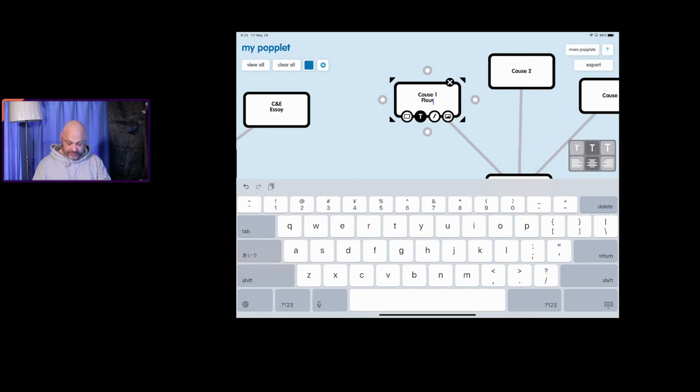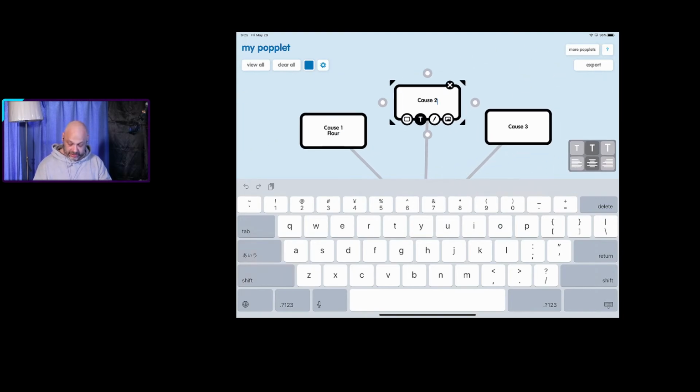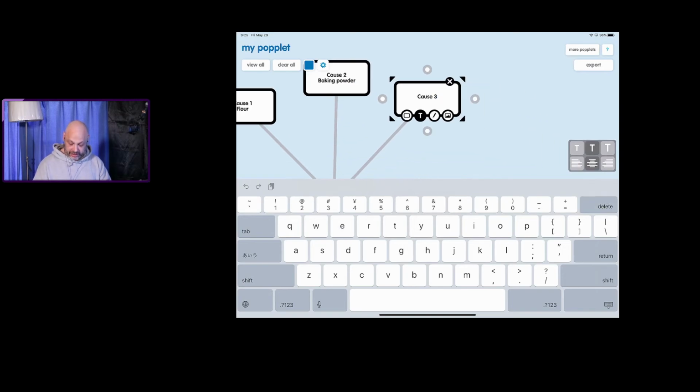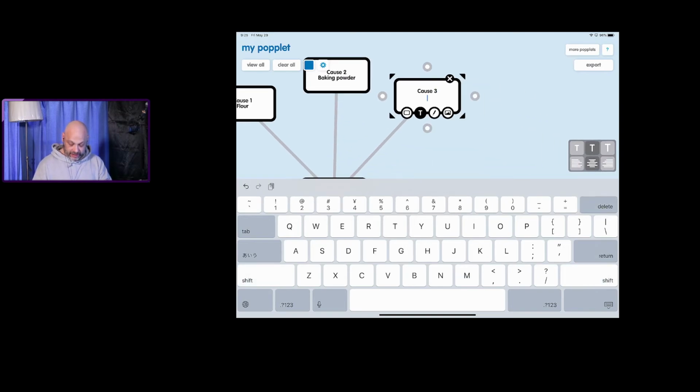You have your flour, and then you have your baking powder, and then you have your, okay, so this is multiple causes. I'm going to go for baking soda.